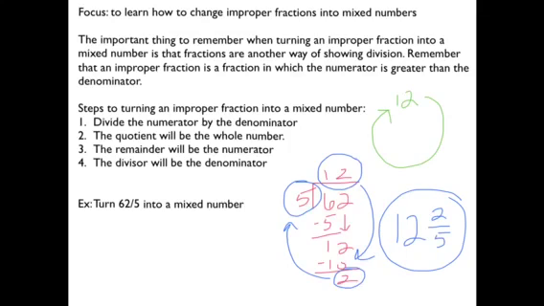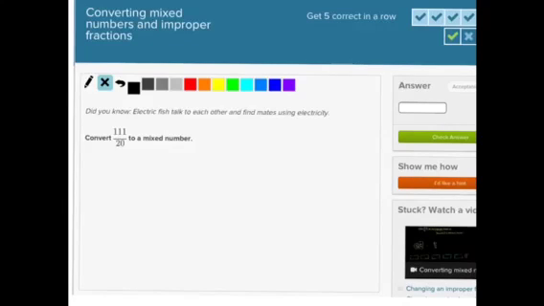Now let's go through a couple problems that we might get on Khan. So I have 111 20ths. All I'm going to do is take 111 and divide it by 20. And I know 20 times 5 is 100. I'll add 20 to see what 6 times would be, but that would be 120.